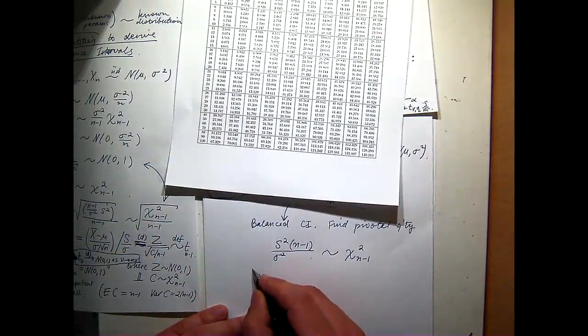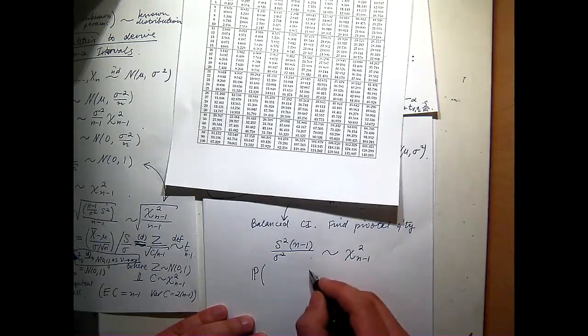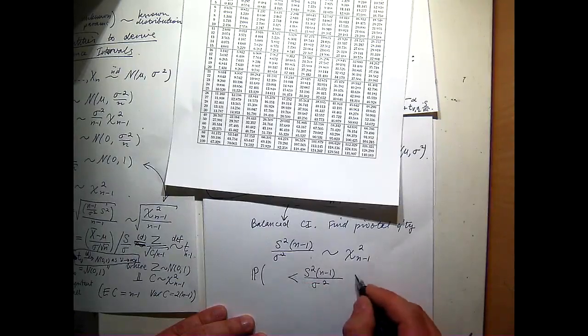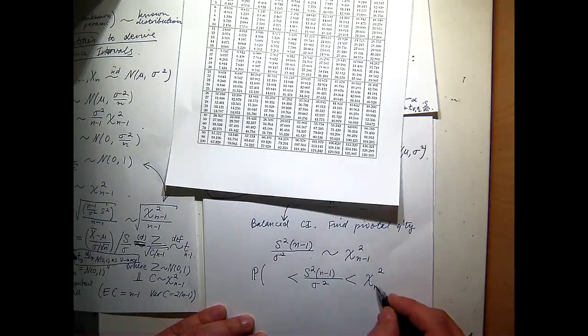And then what we're going to say is that the probability that the pivotal quantity, which is not observed, (n minus 1) s squared divided by sigma squared, is between two different quantiles of chi-squared n minus 1.